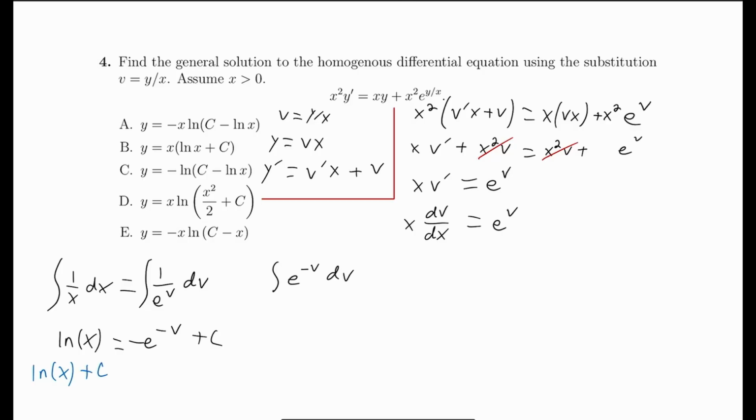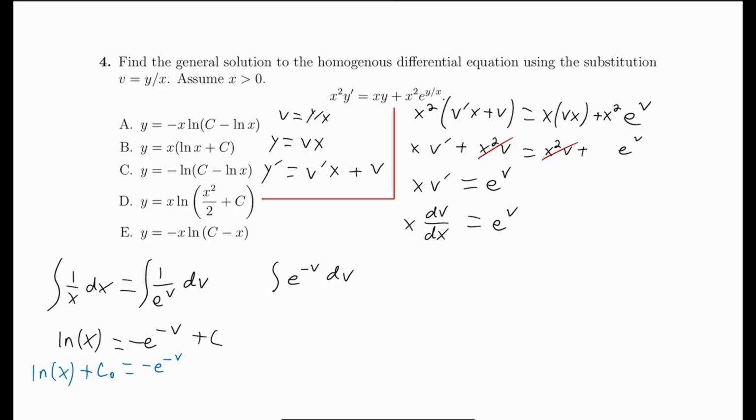The reason I can do that is because this c is arbitrary. So when it's over here, it would just be the negative c as it is over here. Really, I should label this like c0. I'll probably drop that though and just keep writing c. And then that leaves us on the left-hand side with negative e to the negative v.